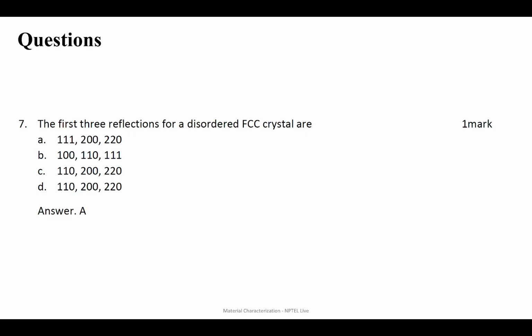So the answer is A. For an FCC crystal, the HKL values should be all even or all odd, which is only satisfied by option A here.